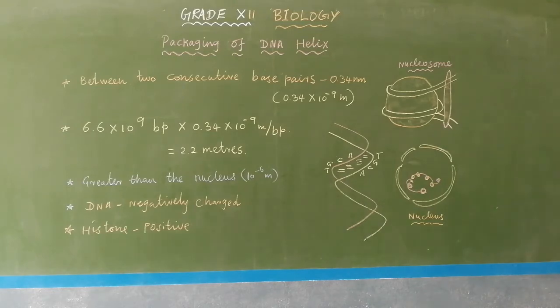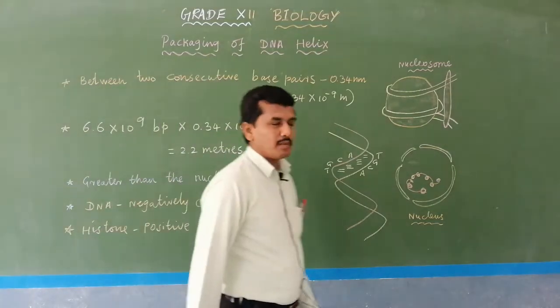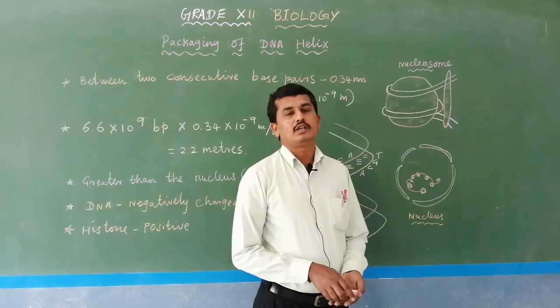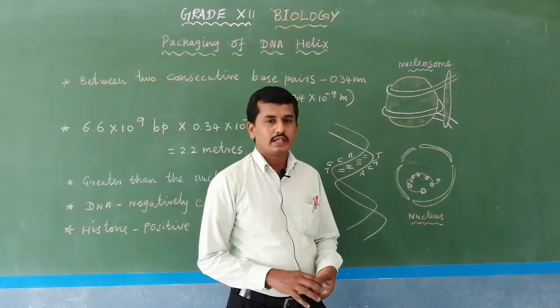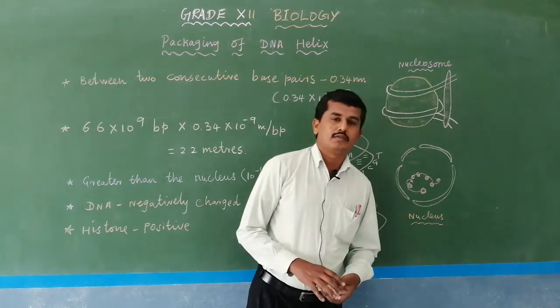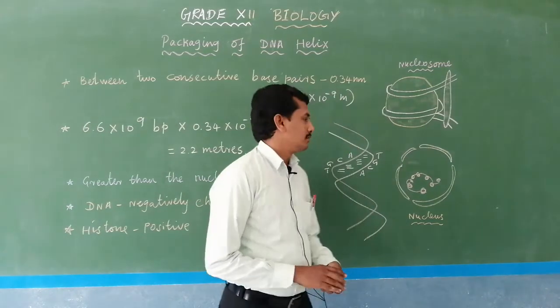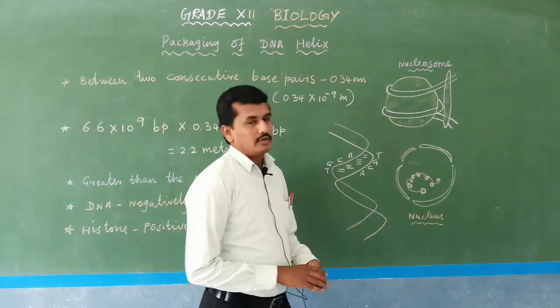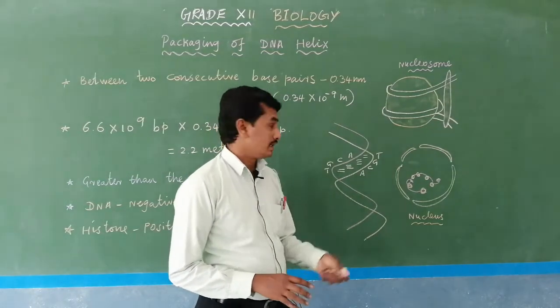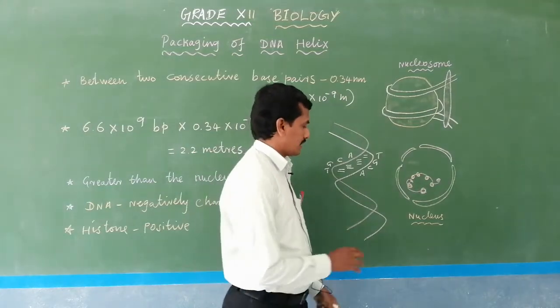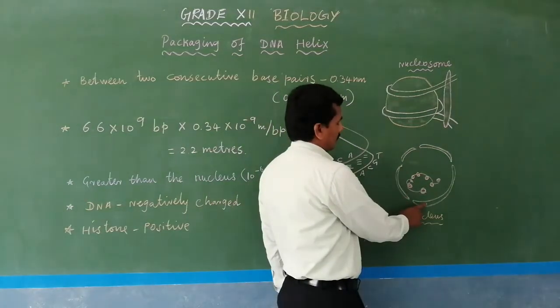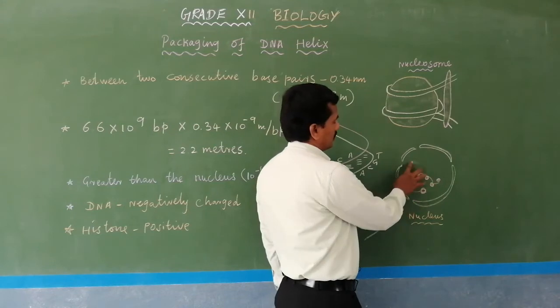But in prokaryotic cells, DNA is present in the nucleoid region. In prokaryotic organisms the nucleus is absent, so only an incipient nucleus or nucleoid is present. In the nucleoid region, the DNA is present.